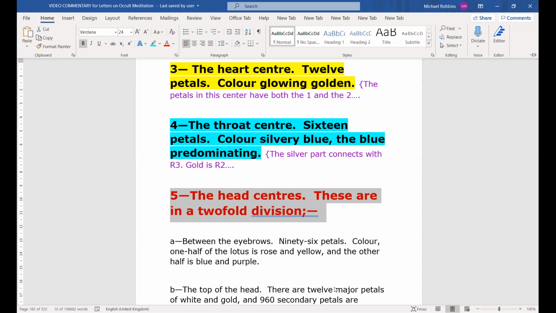Some think it is generally fourfold, and some of the Hindu books tell us it has 96 petals, which, interestingly, the 9 and the 6 are 15, which are the 6.